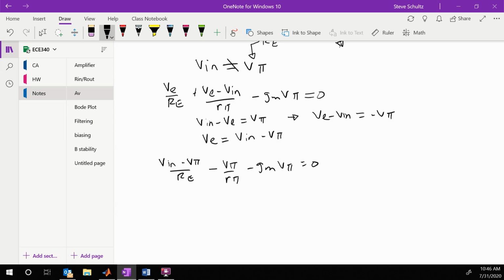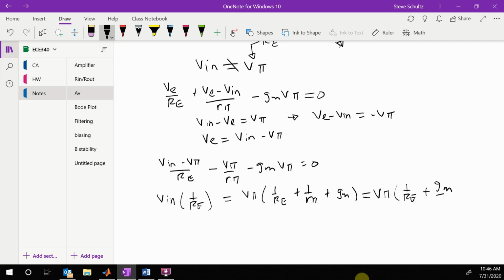So now we're just trying to solve for V pi. So we have V in times 1 over RE equals V pi times 1 over RE plus 1 over R pi plus GM. Okay, and then this is equal to V pi times 1 over RE plus GM over beta plus GM.